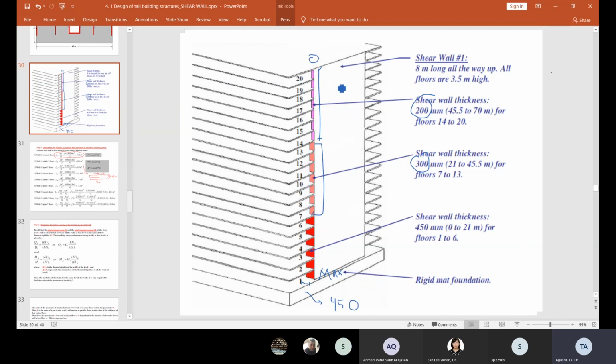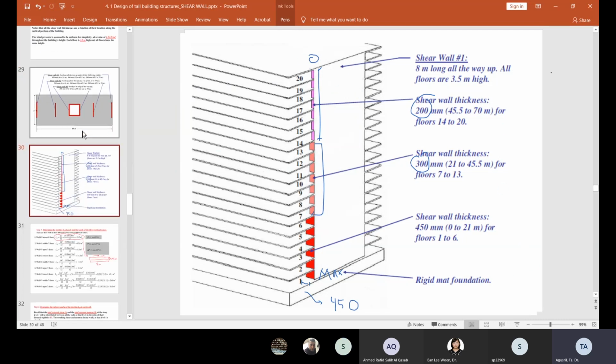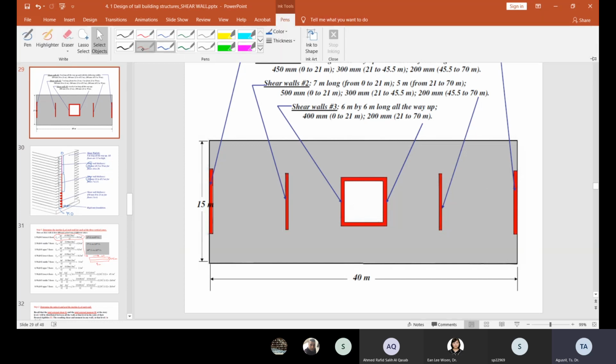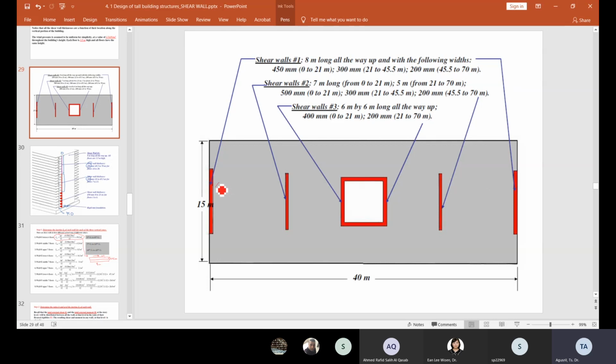So this is wall number 1, this is wall number 2, and this is wall number 3.